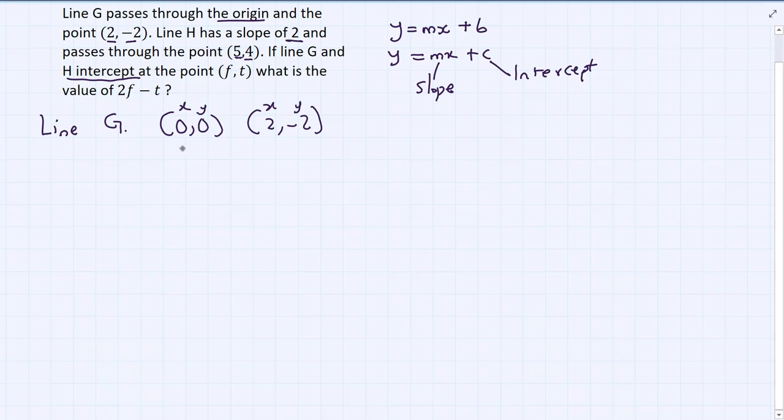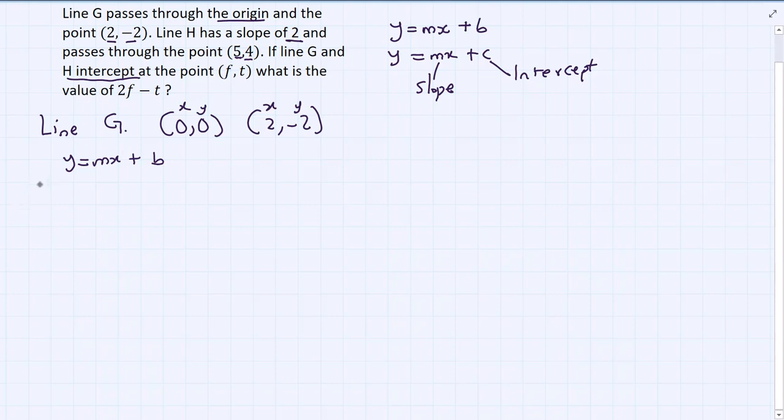This can help us to solve for the slope of line G. So y equals mx plus b. Since we have (0, 0), it simply means we don't have an intercept for this. So we can actually use this point and solve for our slope.